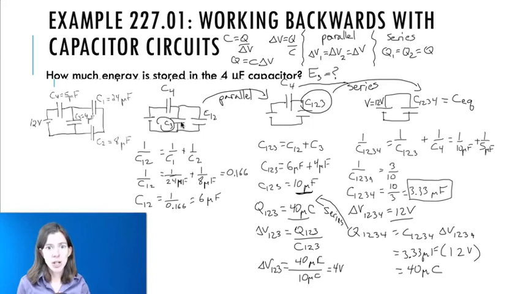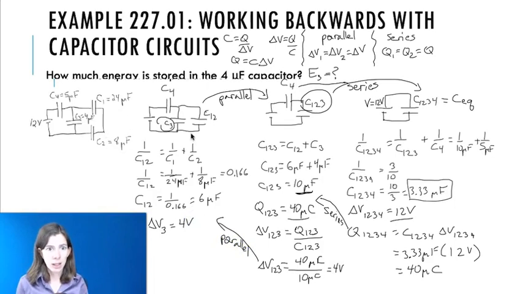So the voltage on C3 is the same as the voltage on C123, because they were connected in parallel to yield C123. So instead of bringing back the charge, we bring back the voltage. And we say, okay, the voltage on number 3 is 4 volts because they were in parallel.